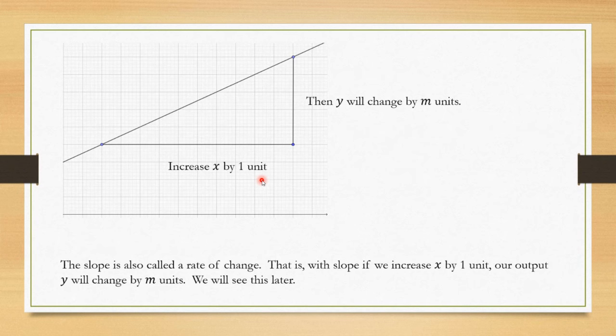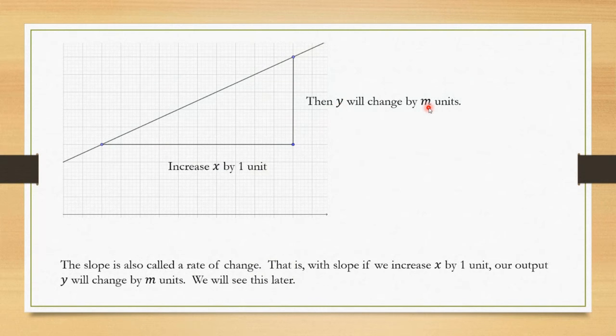Okay. The slope is actually called the rate of change. I mean, we will see this later on when we get to the equations. It turns out, though, if you were to increase the x by 1 unit for a line that's not vertical, the y variable is going to change by m units.